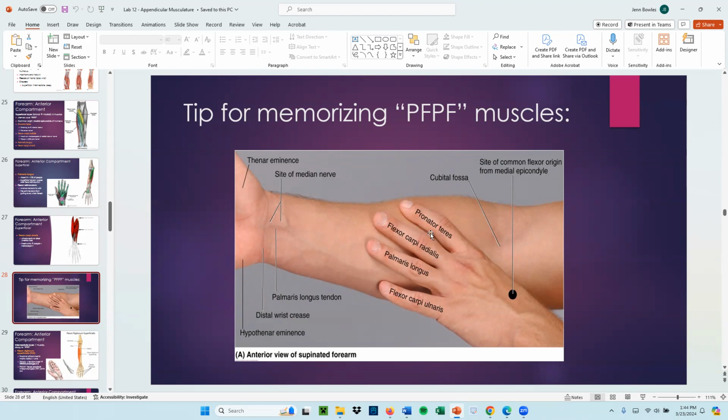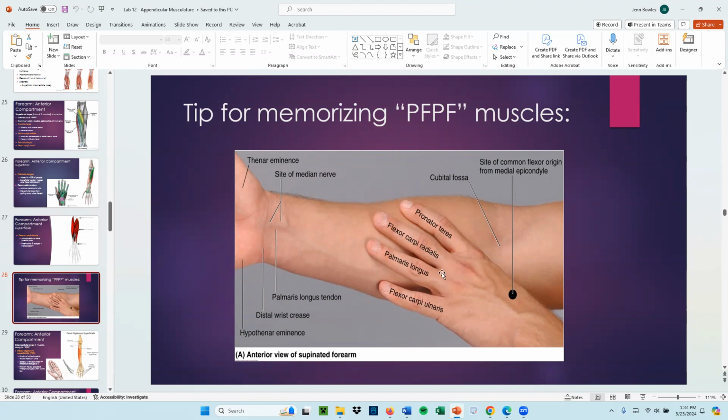So these knock out our superficial forearm muscles. Index finger is pronator teres. That is the most superior muscle that runs medial to lateral in the anterior forearm. Next is flexor carpi radialis. So this muscle is going to run from medial elbow all the way towards the radial side of the forearm.